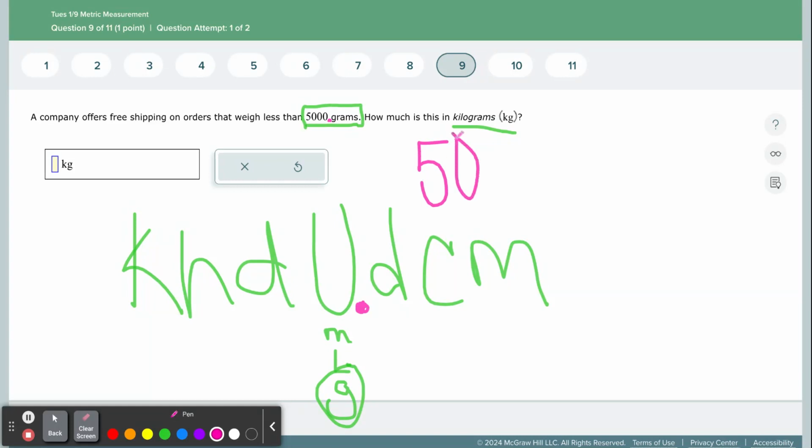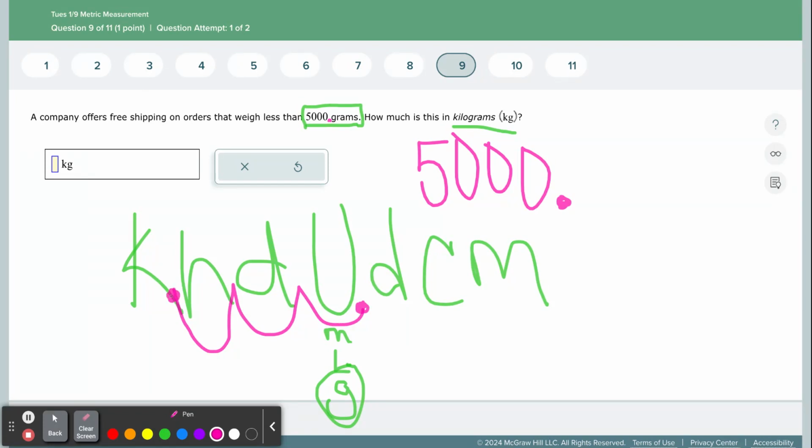So 5,000 grams, right? And what am I going to do with this decimal point to get it to go to kilograms? So I'm going to go 1 hop in between, 2 hops in between, 3 hops in between. Do I stop here or do I do one more? Well, if I go one more hop, I'm on the left side. I always, always, always want to be on that right side.